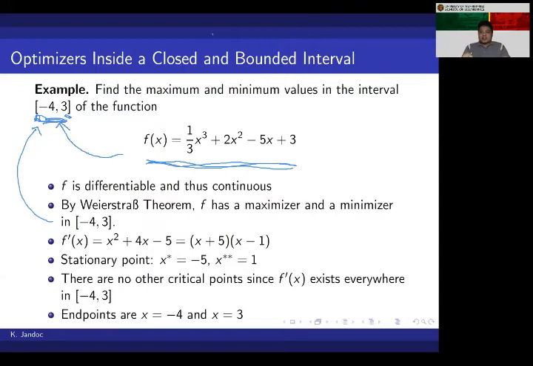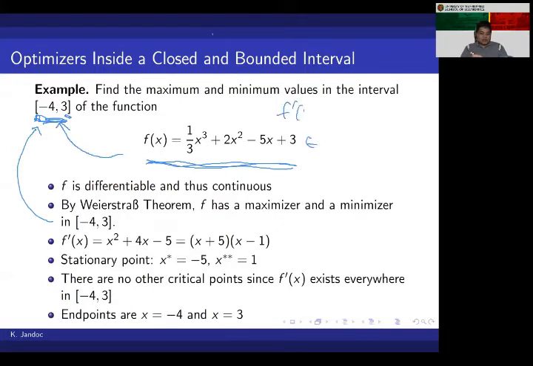So what does the Weierstrass theorem say? The maximizer or the minimizer can either be in the interior of the domain (-4, 3), where it is a stationary point. So let's go there. How do we find the stationary points? We just get the derivative of f of x.